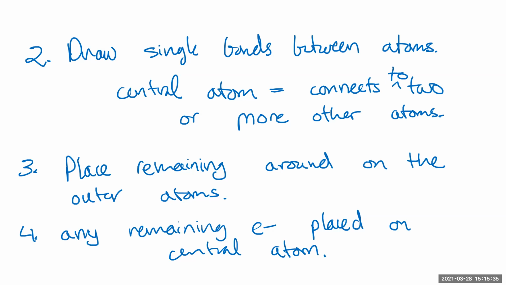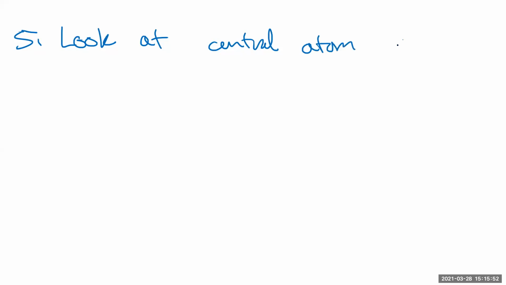From there, if the central atom does not yet have an octet, we look at how we can fulfill that octet. Okay, so step 5, we could say, look at your central atom for an octet. If it's got an octet, cool.